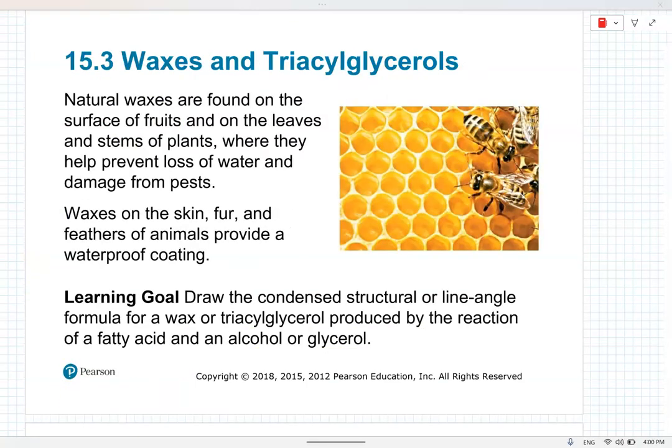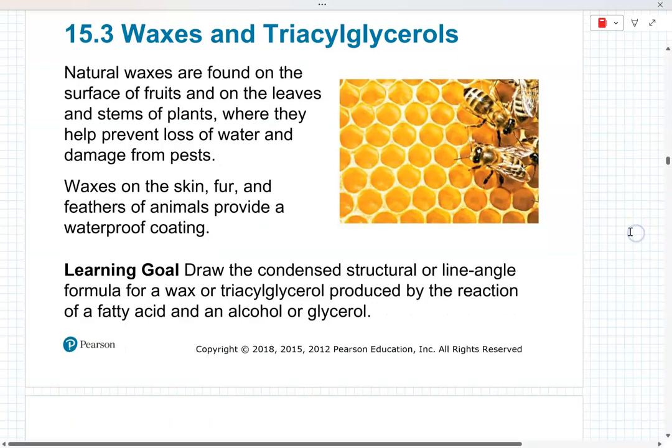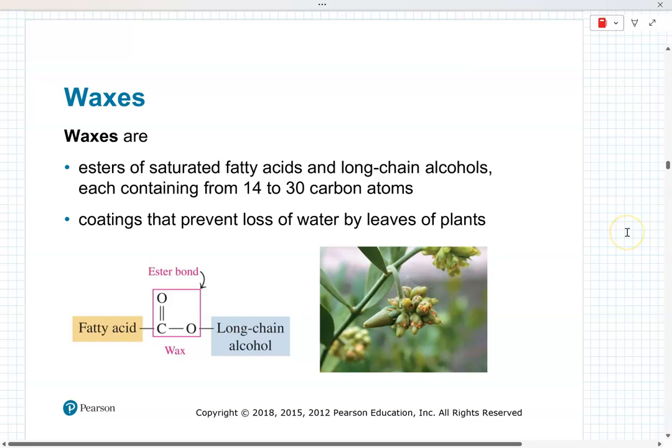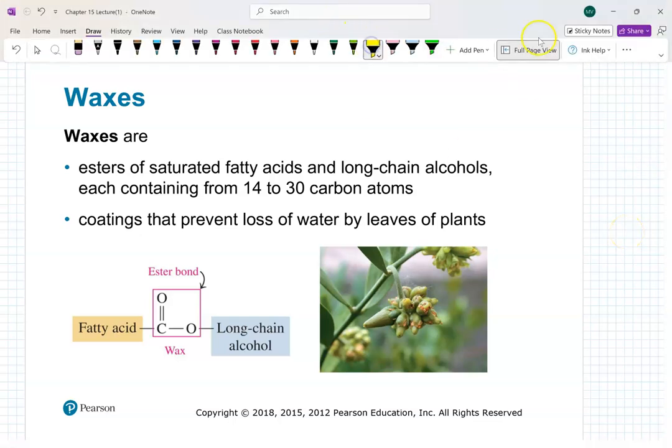Now let's talk about these esters. So we already mentioned fatty acids. Now we're going to talk about waxes and triacylglycerols. So we're going to talk about where waxes are found, but first of all, what waxes are formed by. So it is an ester.